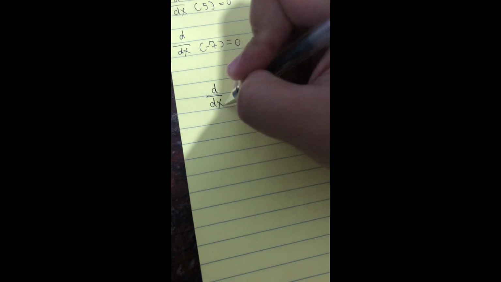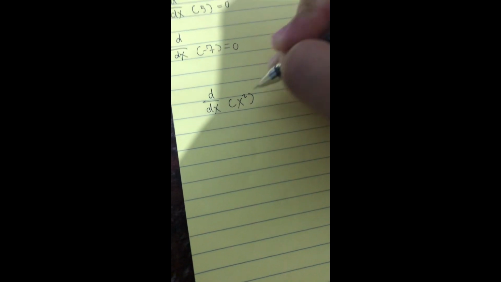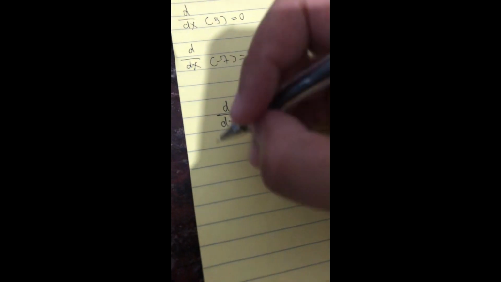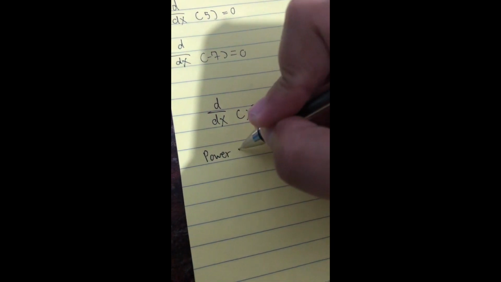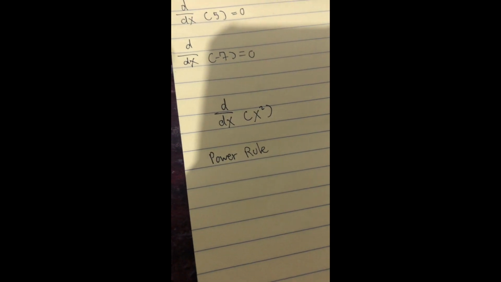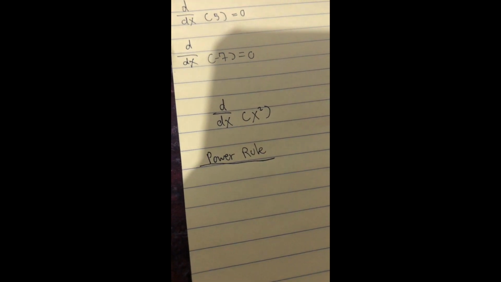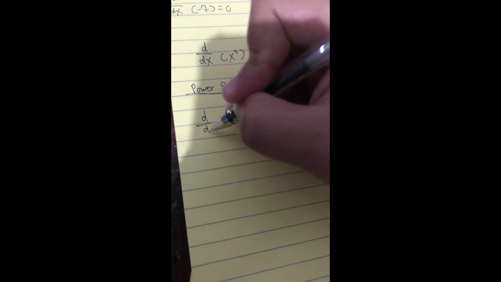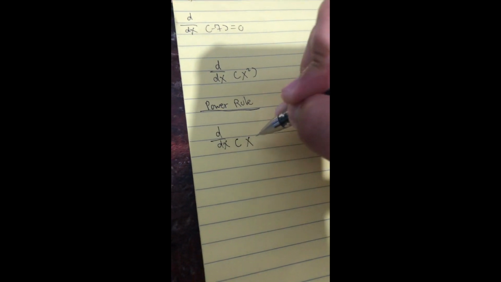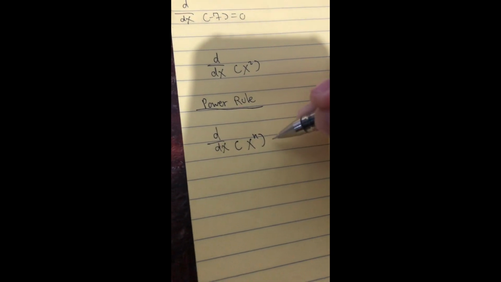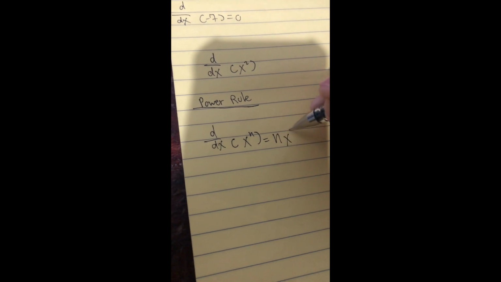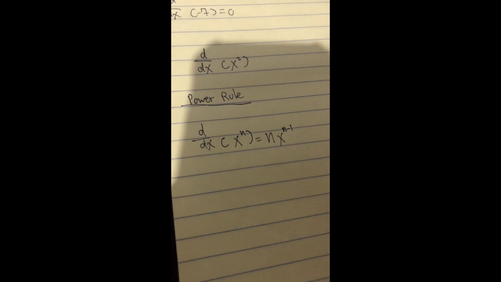But how can we find the derivative of a monomial? For example, the derivative of x squared. For this problem, we will use the power rule. The power rule is a rule used for finding the derivative of a monomial. It is the derivative of a variable raised to a constant, so it will become n times x raised to n minus 1.